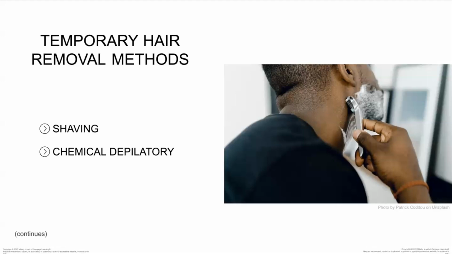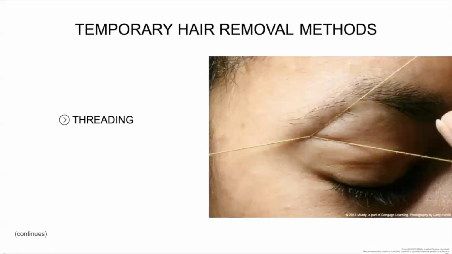It has a strong odor. It can cause irritation and other reactions. And it really should not be used on non-intact skin, so you're limited to where you can use it. And ultimately, prolonged use of chemical depilatory products will result in adverse reactions on the skin.